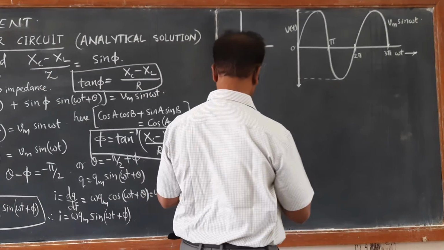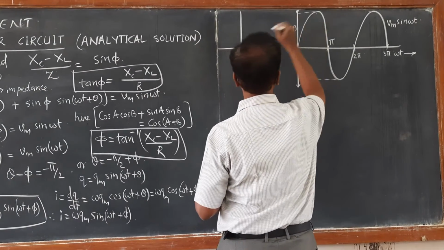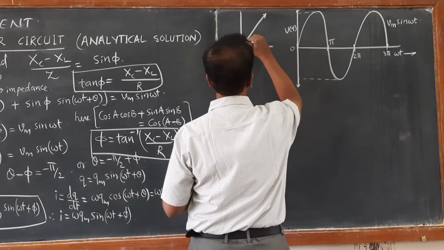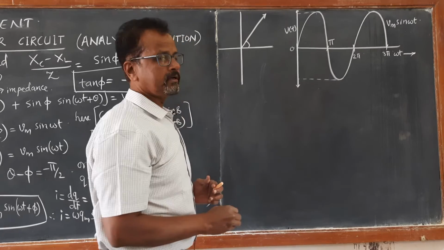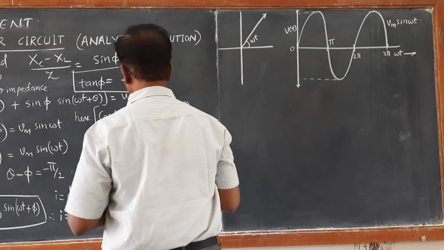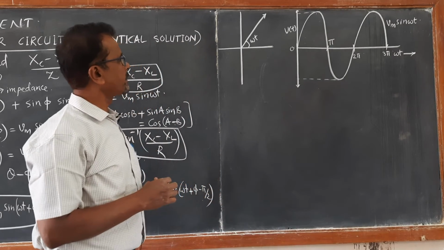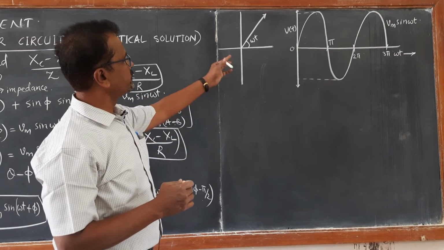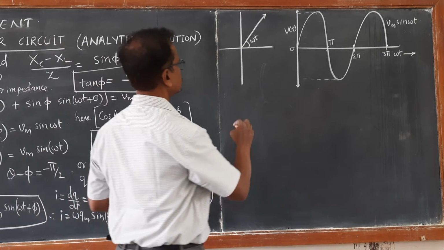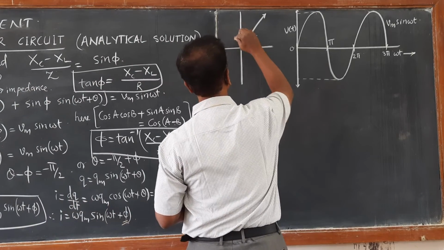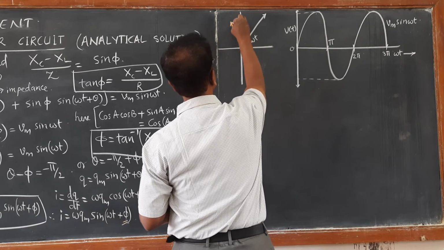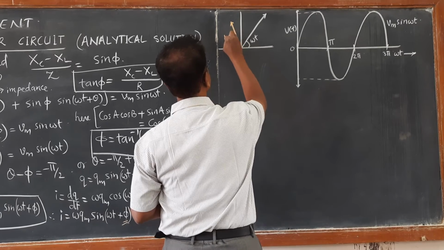So first I will draw the phasor. Suppose this is the phasor for voltage, which is making an angle omega t. So the current will be with a phase difference of phi. So that current I am just showing here. Yes, this is the current phasor for the LCR circuit.